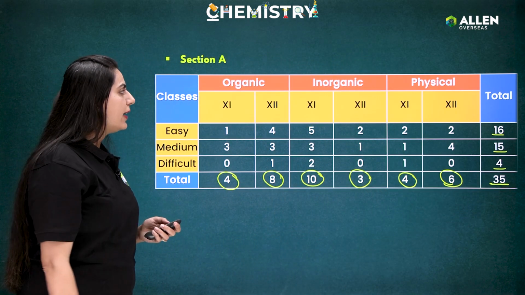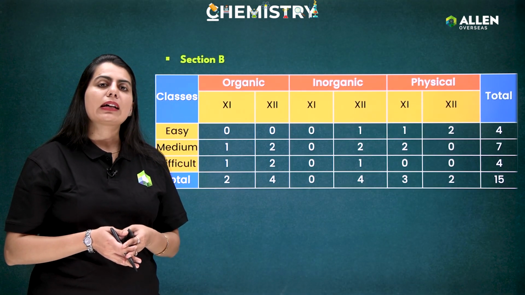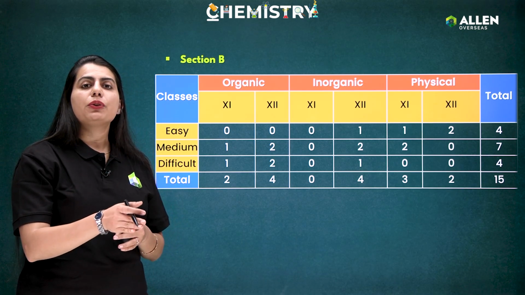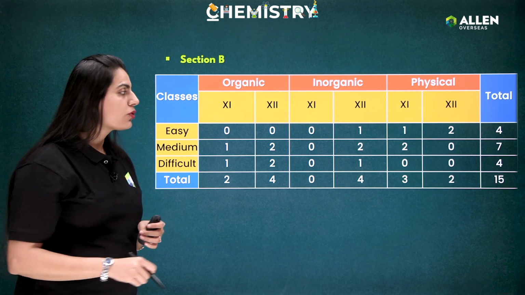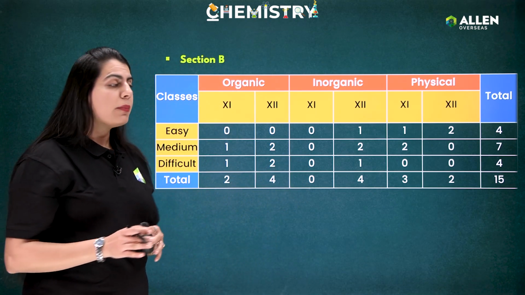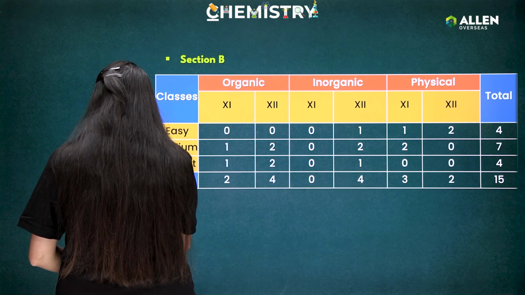Now, let's talk about section B. You know the total number of questions which usually come is 15. Out of 15, you need to attempt 10 questions. So you have to be very wise about the difficult questions.